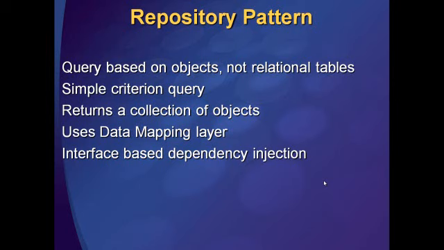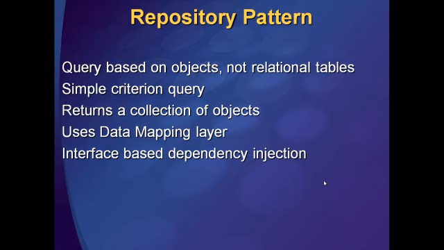Our criteria class represents the simple criterion used in our repository queries. We specify an operator and an operand for the query. The operators can be all, ID, or name, depending on whether we want all instances, a query based on an ID or name. The operand represents the value used in the query.